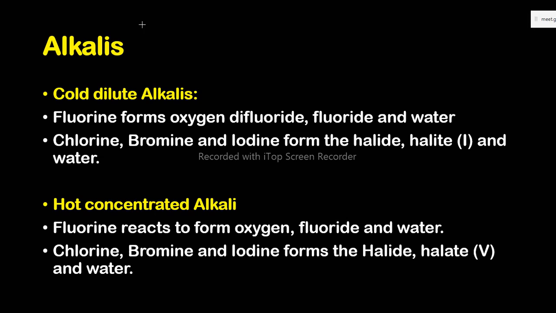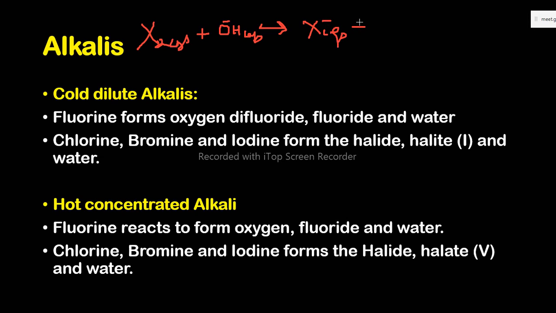So let's see. We shall write X, and this is a gas. And X plus hot concentrated alkalis, and this is aqueous. Then we shall form a halide, X aqueous.